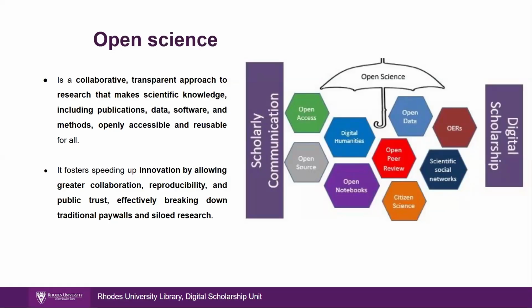The main purpose of open science is a movement that promotes a collaborative, transparent approach to research to make scientific knowledge, including publications, data, software, and methods openly accessible and reusable for all. It fosters innovation by promoting collaboration, reproducibility, public trust, and effectively breaking down traditional paywalls and removing silos in research.